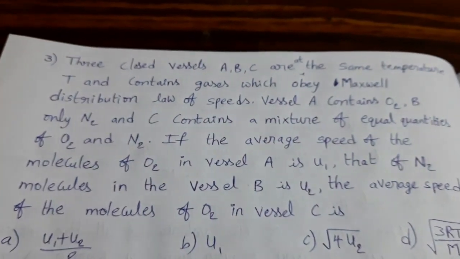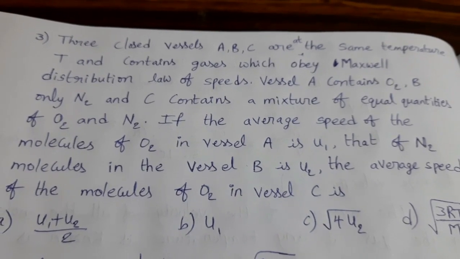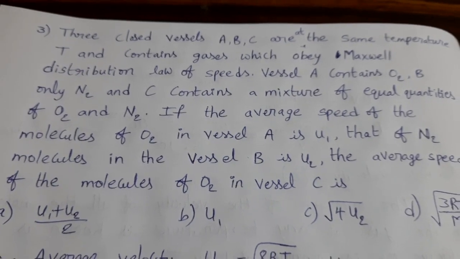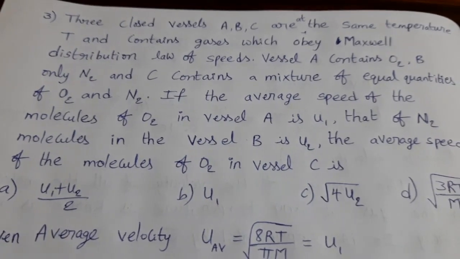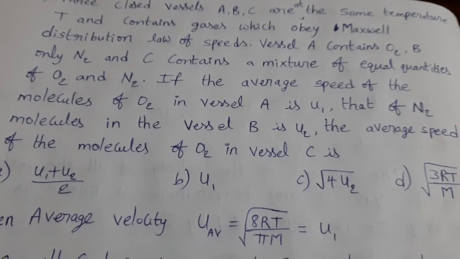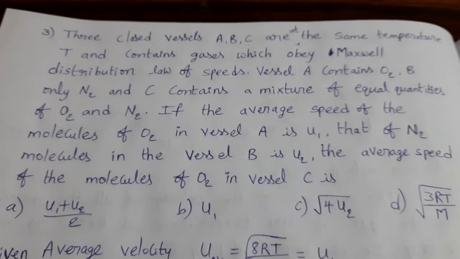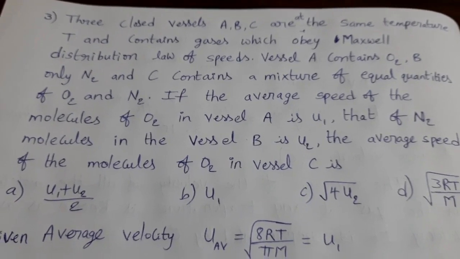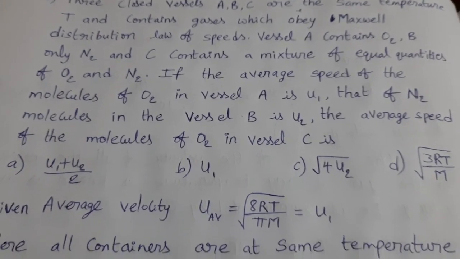Average velocity is influenced by temperature and molecular mass, but here they asked the average velocity of oxygen in vessel C. Vessel C contains oxygen and nitrogen, vessel A contains oxygen. In vessel A, oxygen average velocity is U1, in vessel C also oxygen molecules have average velocity U1 because these containers are at the same temperature.